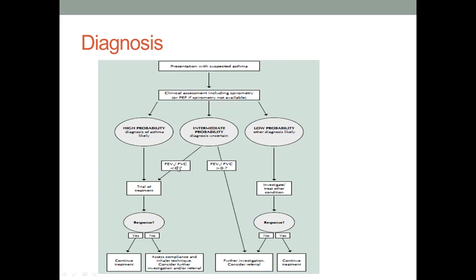If this ratio is less than 0.70, then this is asthma and a trial of asthma treatment should be given. While if more than 0.7, this is not obstructive airway disease, other tests should be done, and also in low probability, other tests should be done to rule out other diagnoses.